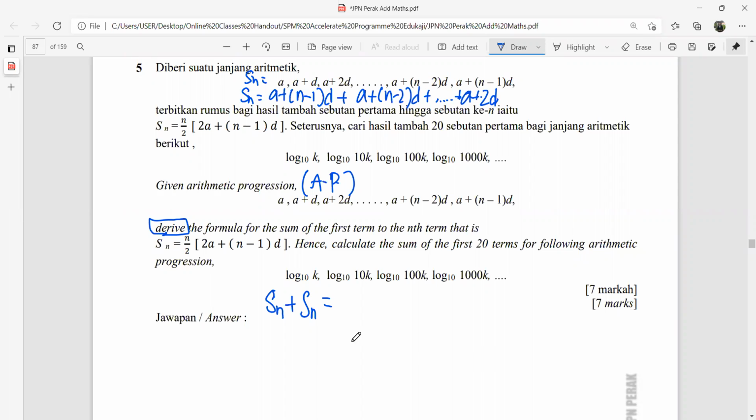Okay, so I want you all to rewrite again, the reverse way. Then you add up together. Try this method and see can you do or not. Okay, you add up together.